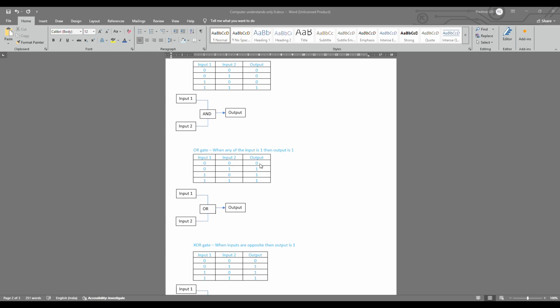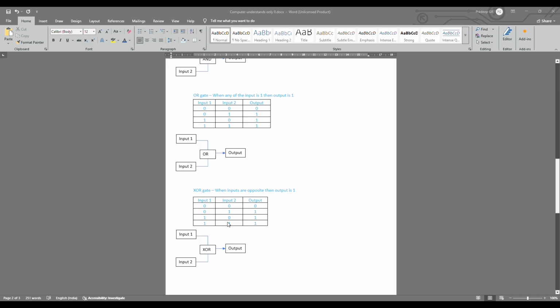If any one is 1, the output is 1. If both are 1, definitely the output is 1. So for the OR gate, when any of the inputs is 1, then the output is 1. It looks like this, and you can give inputs 1 and 2 based on our requirement.